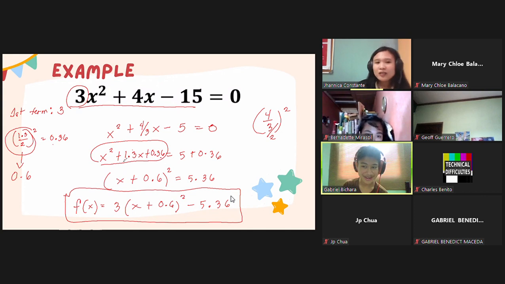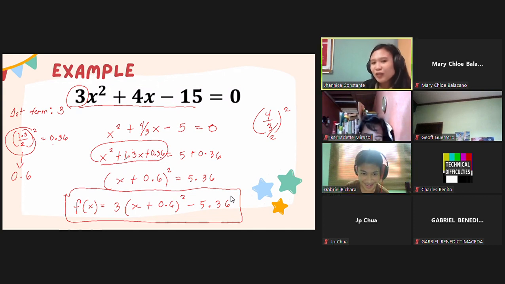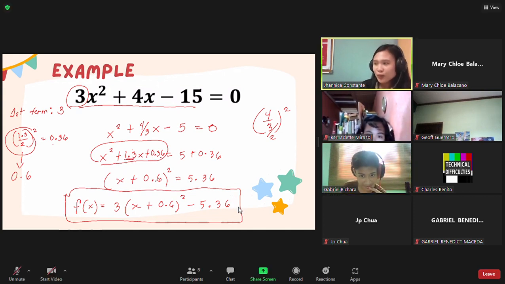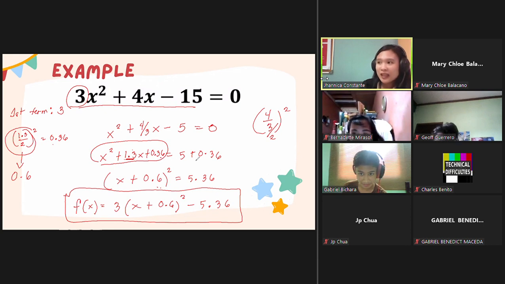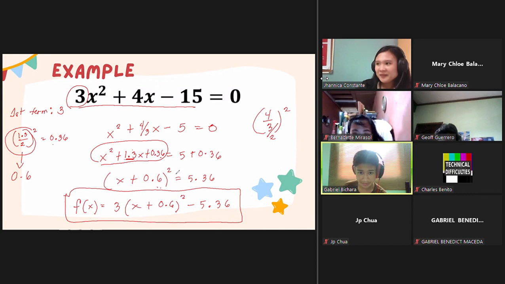That's correct. When you divide this 1.3 by 2, that is the 0.6, the factor that you will be having. And then when you square this half of your 1.3, that is the one that you're going to add to both sides, which is the 0.36. So for everything, we'll do that.